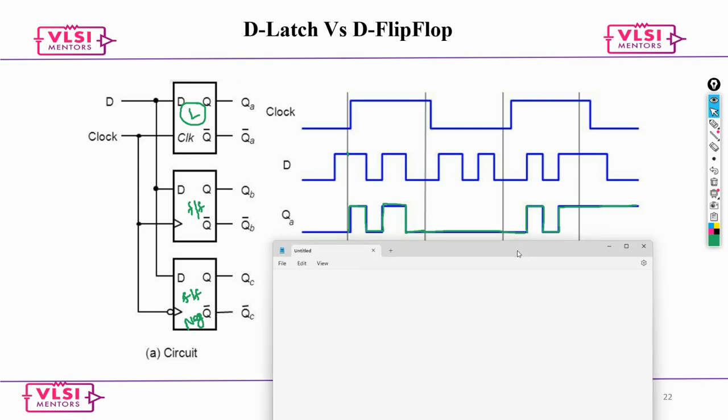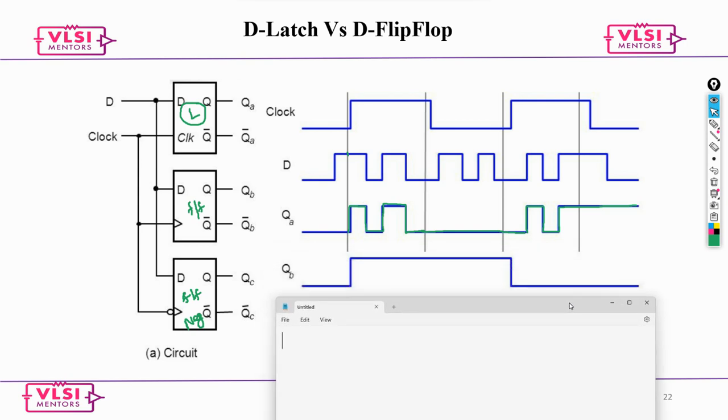Now the next one is your QB. This is a positive edge triggered flop. Whatever is there on the edge, the value of D is high, so it marks it as high all the way till your next edge.